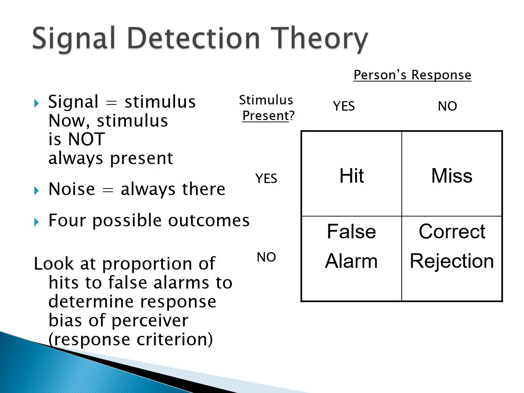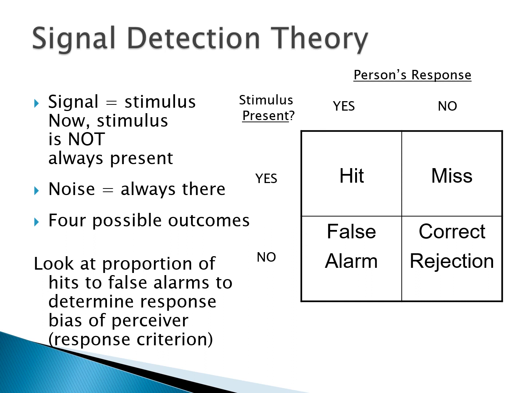So if I want to measure an individual's absolute threshold, so I want to know whether or not someone needs a hearing aid, I really probably don't want to use Fechner's classic psychophysical methods because we know that people's motivation differs so much. So with a signal detection method, now the stimulus is not always present.